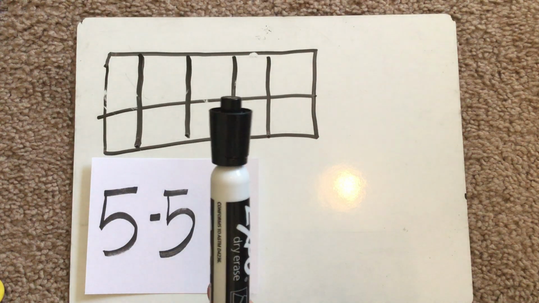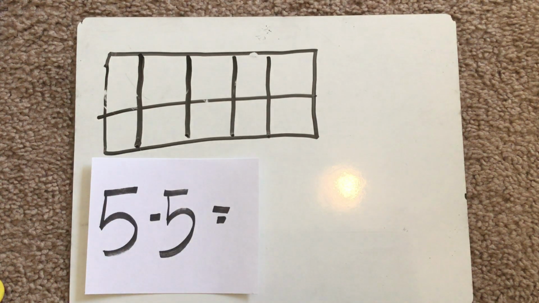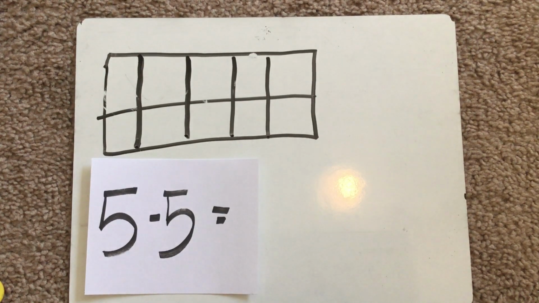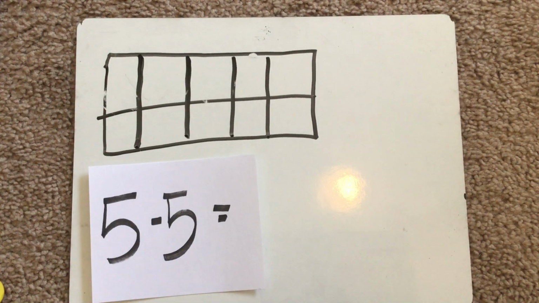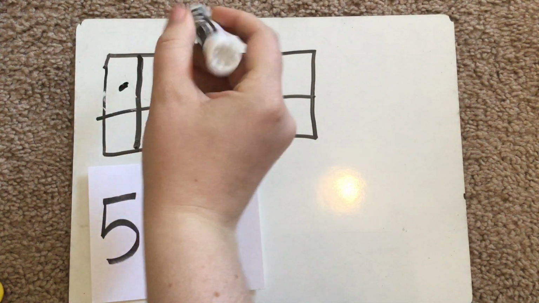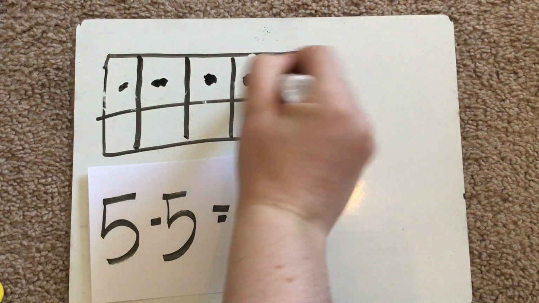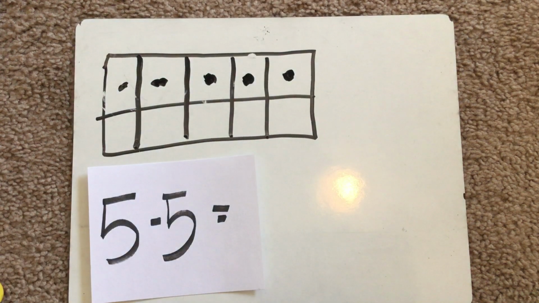These are markers that erase. So if you're using markers at home, make sure it's on a whiteboard where you can erase it. Otherwise, use a pencil with an eraser, okay? So I'm going to draw 5 circles in my 10 frame. 1, 2, 3, 4, 5.